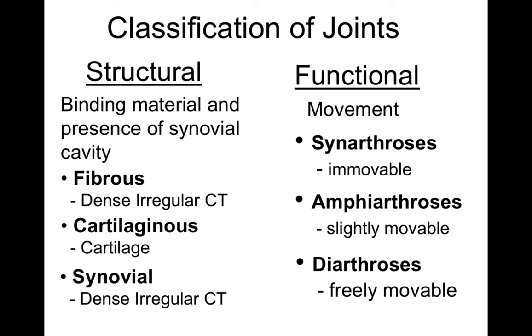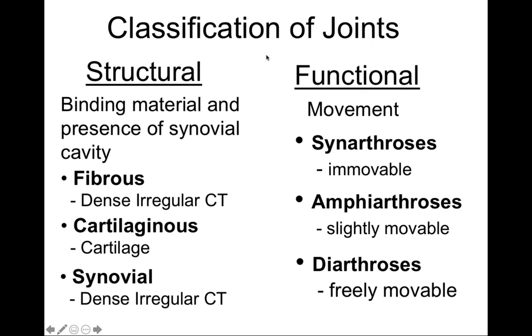A synchondrosis is a type of cartilaginous joint that's joined by hyaline cartilage, while symphyses are cartilaginous joints that are fused by fibrocartilage. Again, I don't want to stress that too much, you'll get that more in your lecture class, but I do want you to understand how we structurally classify our joints, based on the presence of a synovial cavity and by what type of binding material is present at the joint.